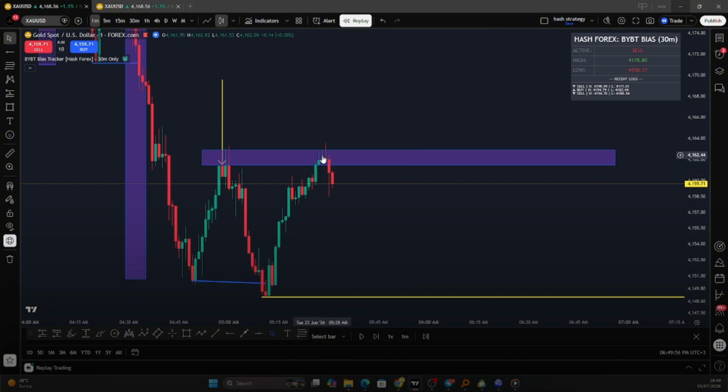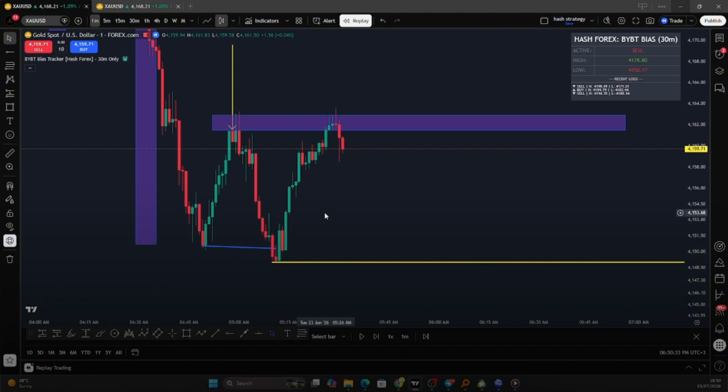The market is rejecting this zone, so we're expecting the sellers to come in. We are seeing this big rejection from this zone, and then the body of the sellers is becoming big. That indicates that sellers are gaining momentum and are ready to push the market back downwards.